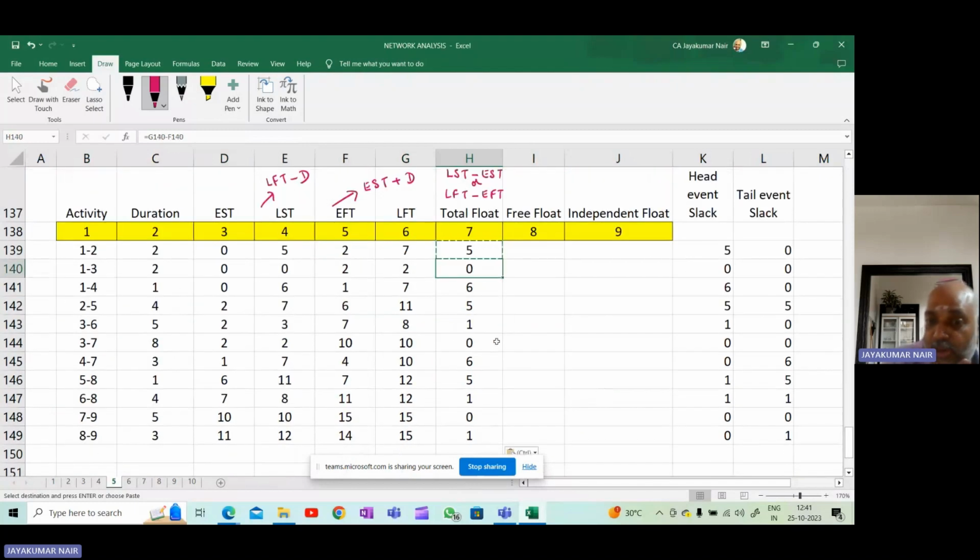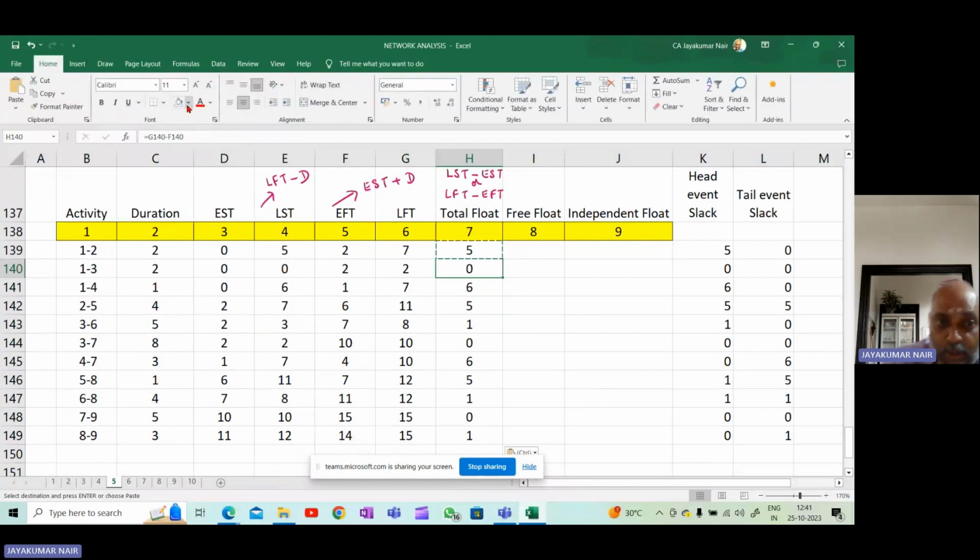But see, wherever you have 0, the total float here is 0. So that means this particular activity is very critical. You cannot delay this particular activity. Similarly, here also 0. That means you cannot delay this particular activity. Here, this also you cannot delay it. That means wherever there is 0, you put this in a box.